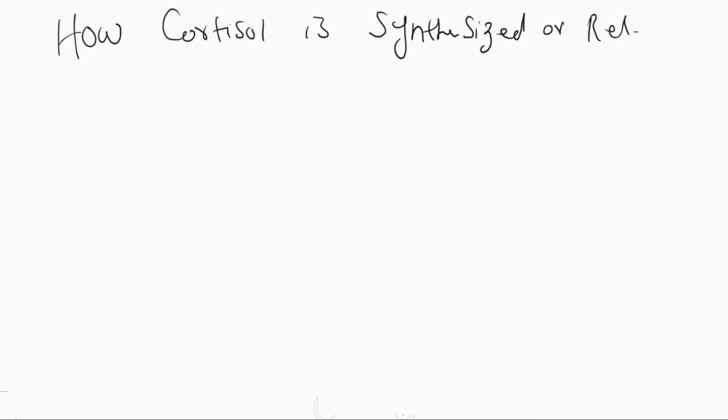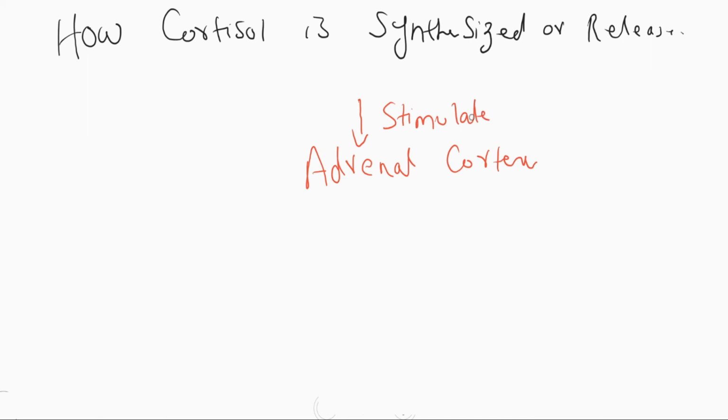Now, how is cortisol synthesized or released? Cortisol is synthesized by the adrenal cortex in response to stimulation by the pituitary, which is under the control of the hypothalamus. The hypothalamus secretes corticotropin releasing hormone.